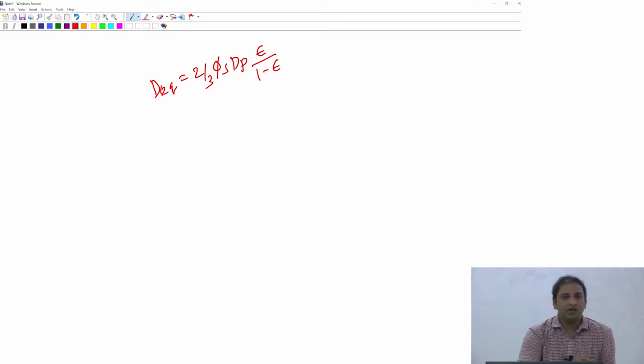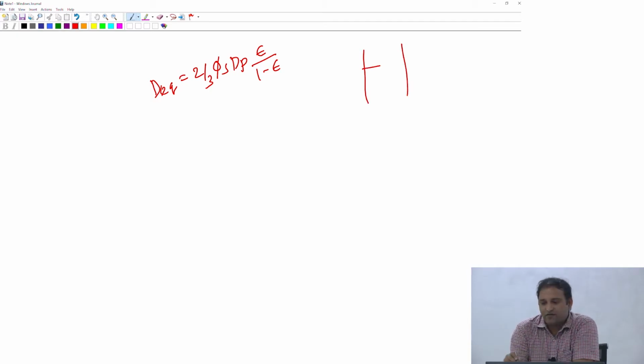Let us say I have a packed bed filled with spherical particles in a random packing, and we know that the maximum random packing density is of the order of 0.64.